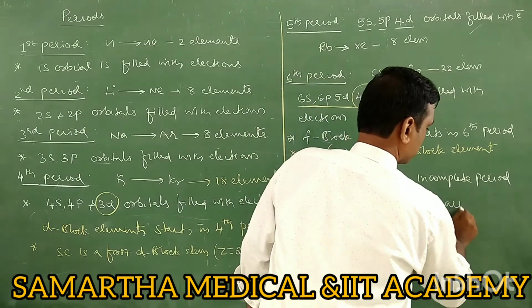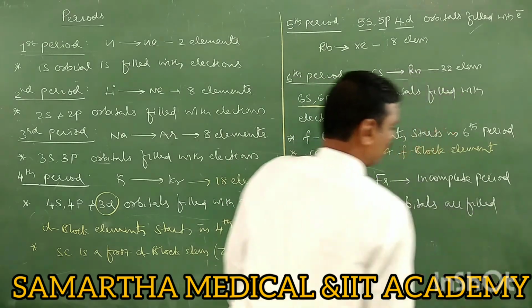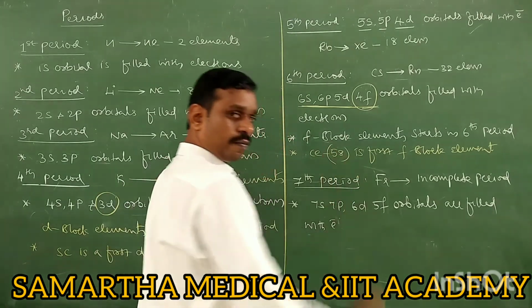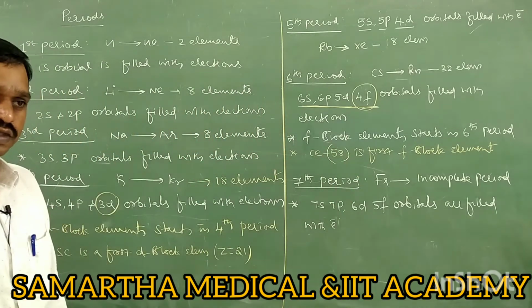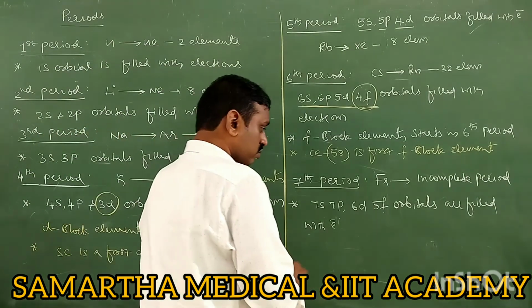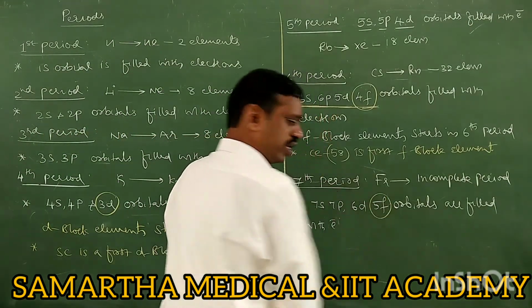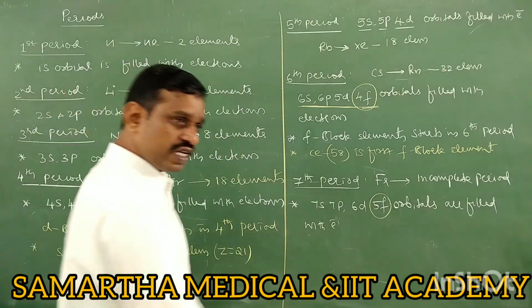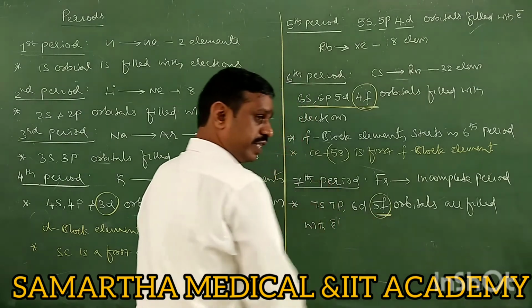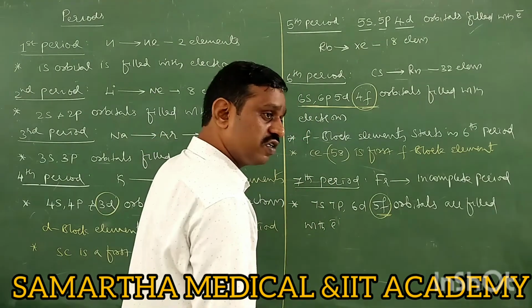Now here in the seventh period there is a 5f subshell. Since there is a 5f subshell, there will be a 5f series. The 5f series elements are called what?